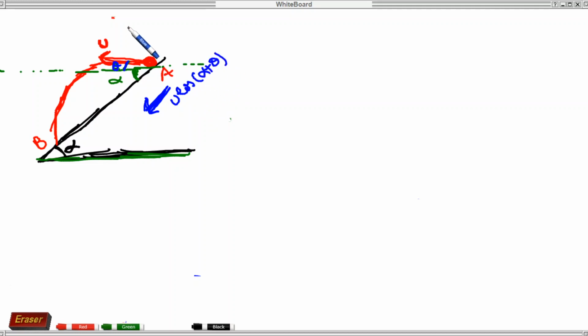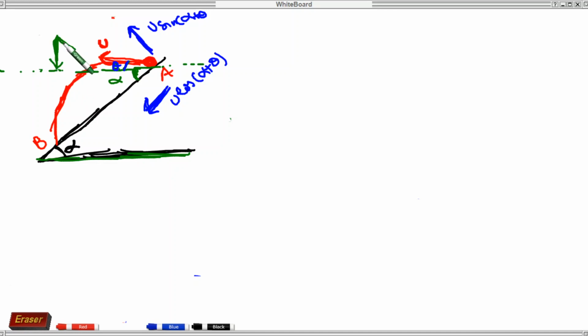And what will be the component perpendicular to the plane? That will be u sin(alpha plus theta). Now g will be working downwards.